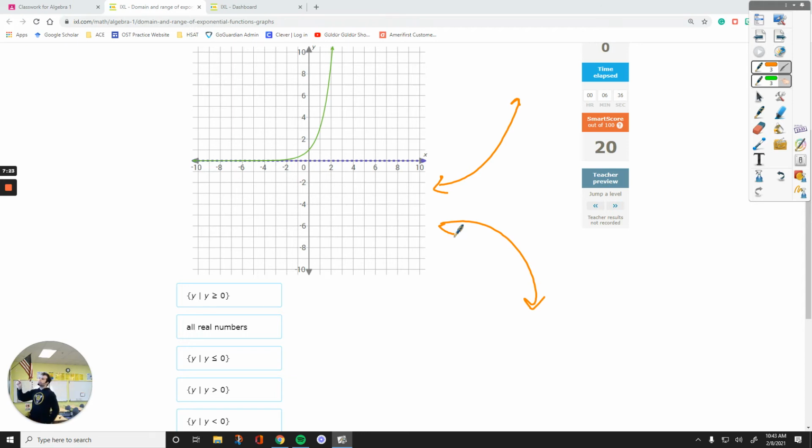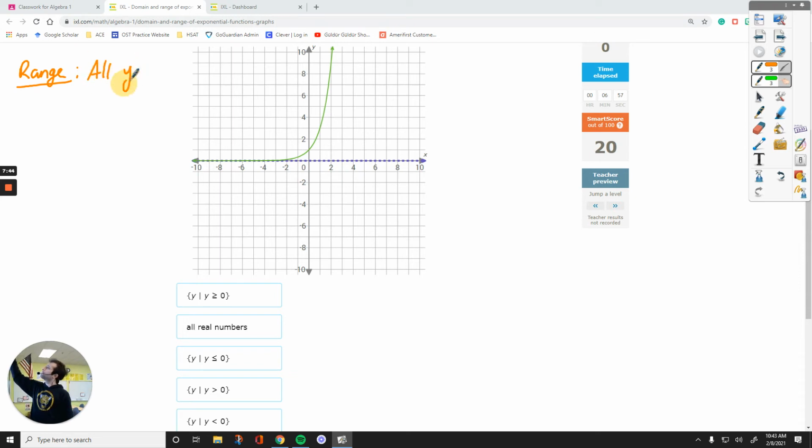Now let's just give the definition of range. Let's just clear this board up a little. Range's definition is pretty similar to the domain, with one difference. Instead of x values, we are going to deal with the y values.